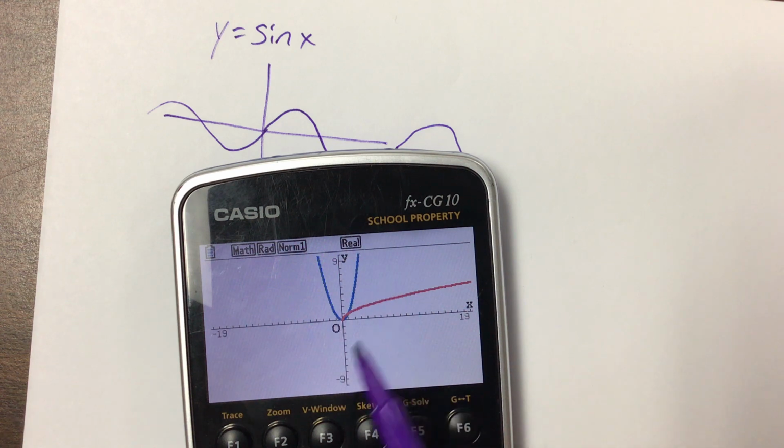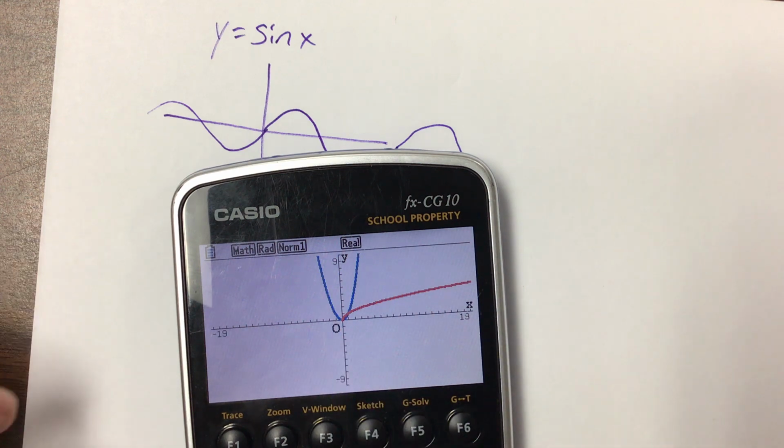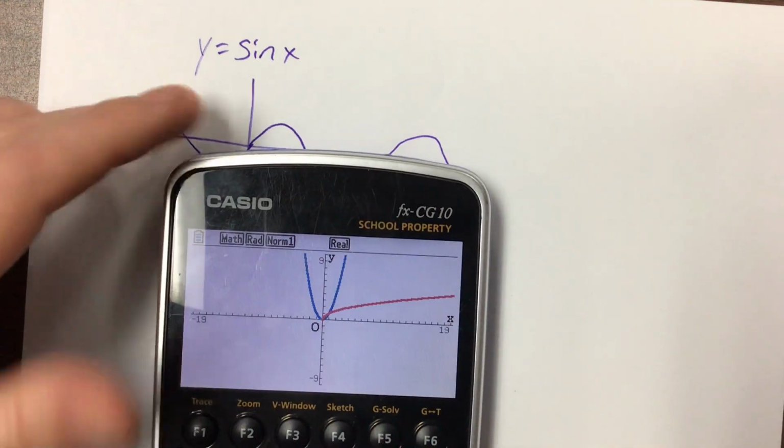It restricted the domain with a blue and then just found the inverse of that because it wants its inverse to be a function. So we're going to have to do something similar with sine and restrict the domain of sine so that its inverse will be a function.